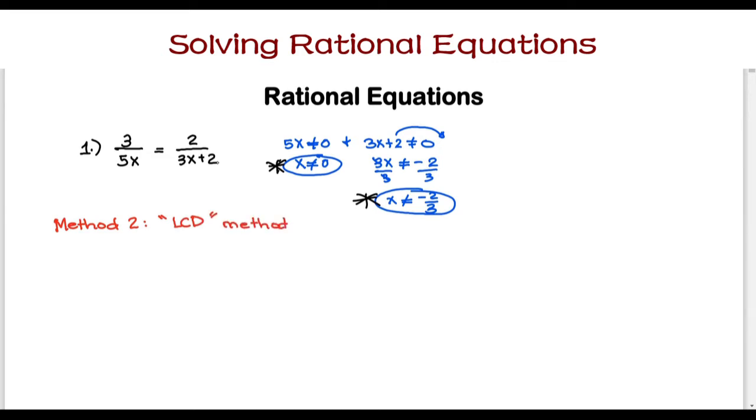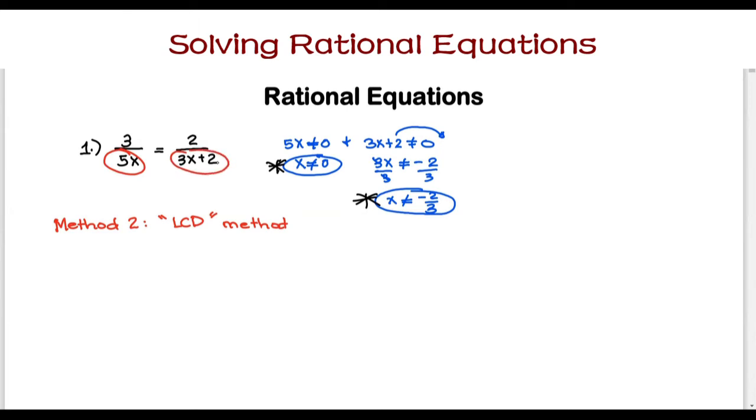So, LCD method because we're going to get the least common denominator. And then, we're going to multiply both sides of the equation by the LCD. To get the LCD, all you have to do is to look at the denominators. You have 5x and 3x plus 2.